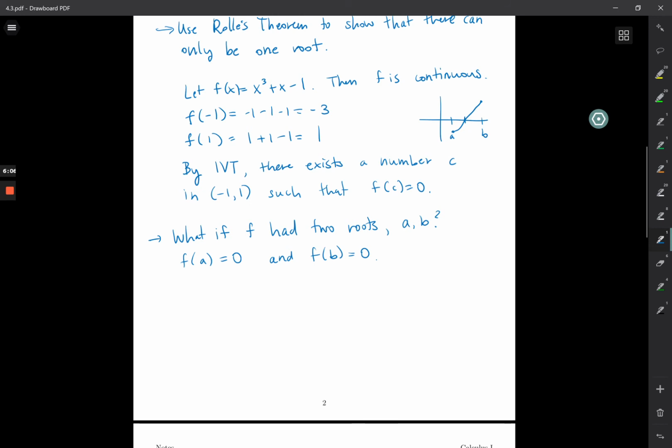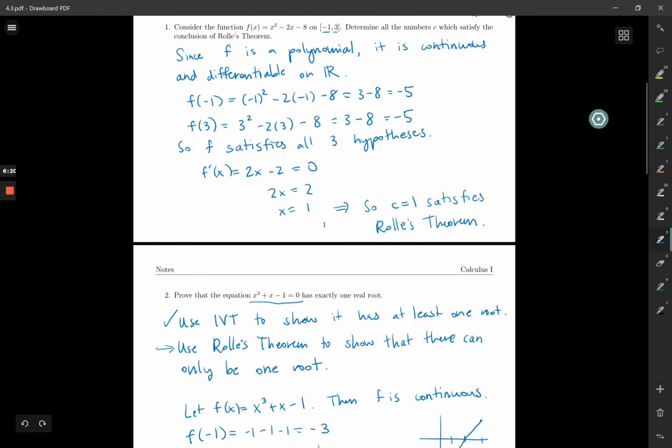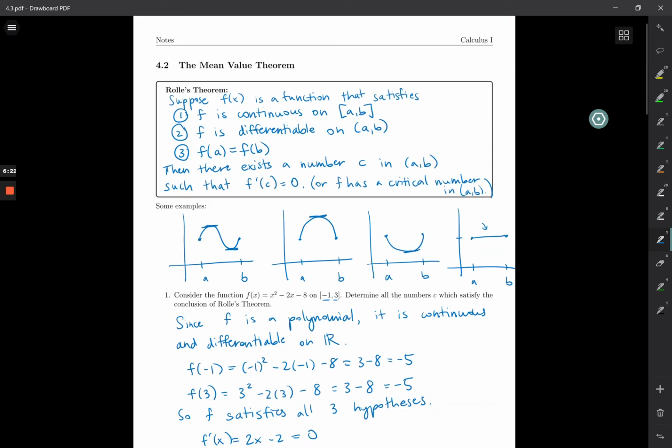Now notice that f of a and f of b are equal since they're both equal to 0. So that gives us the third condition in Rolle's theorem. I'm just going to scroll back so we can look at these. So that was the third condition we needed to apply this on the interval a to b.